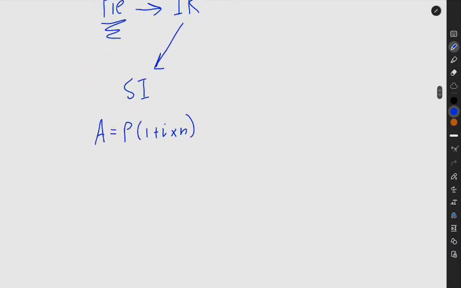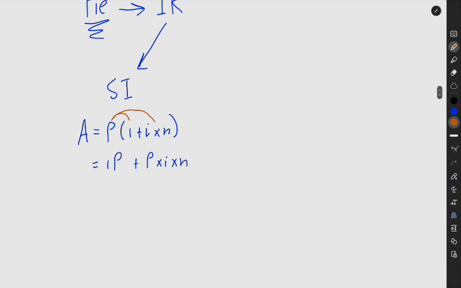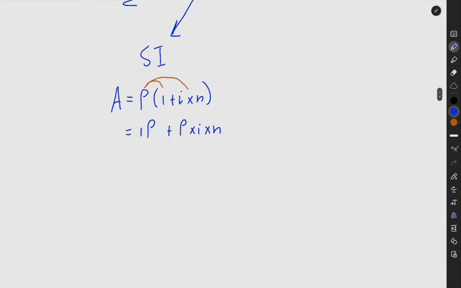Now, if you multiply this out, what you'll get is 1P plus P times i times n. And we all know that you multiply out using the rainbow method to each term in the bracket.